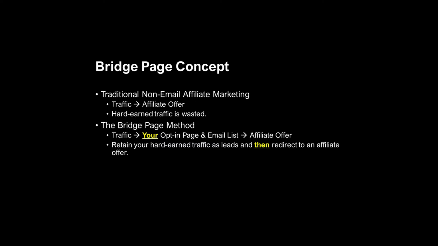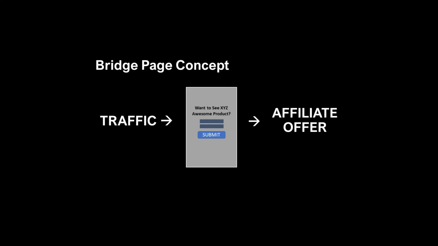It's your traffic, paid for either with money or effort, and you deserve to have more chances later on to monetize it. So that's why this whole bridge page concept exists. And your list is arguably your most important asset. And if you invested to drive traffic, then a good chunk of that traffic should end up on your list. So let's see what a bridge page operation actually looks like when you map it out.